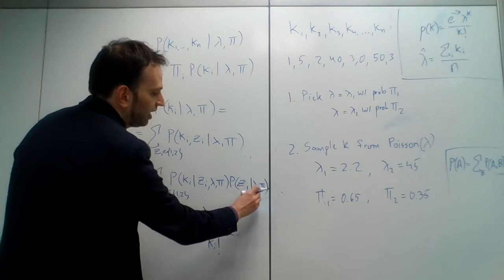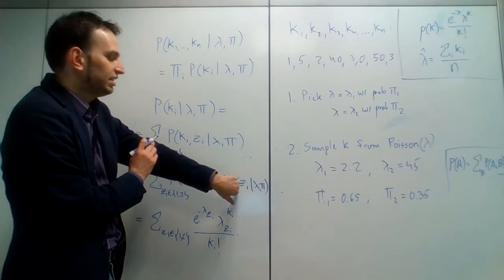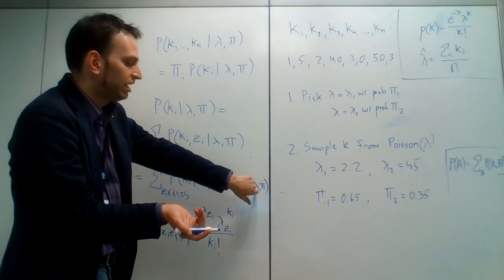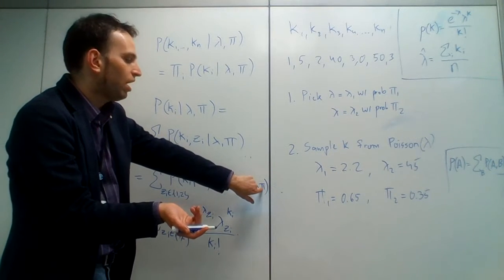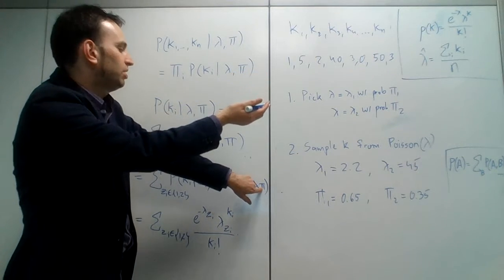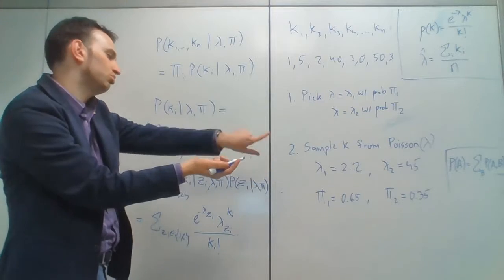And what is this? This is zi given lambda and pi. What's the probability that zi is equal to 1, that ki came from the first distribution, given that we know lambda and pi? Well, pi 1 is exactly the probability that zi is equal to 1, and pi 2 is the probability that zi is equal to 2.